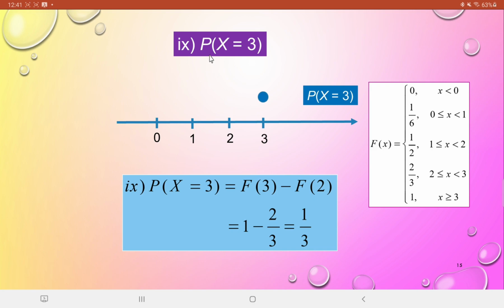Next, probability x equal to 3. Probability x equal to 3 is F(3) minus F(2). F(3) is 1, F(2) is 2 over 3. So, 1 minus 2 over 3 is equal to 1 over 3. So, the probability x equal to 3 is 1 over 3.